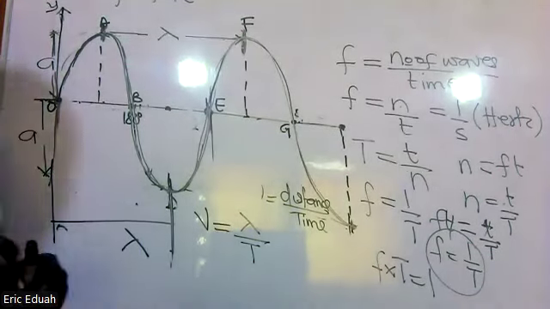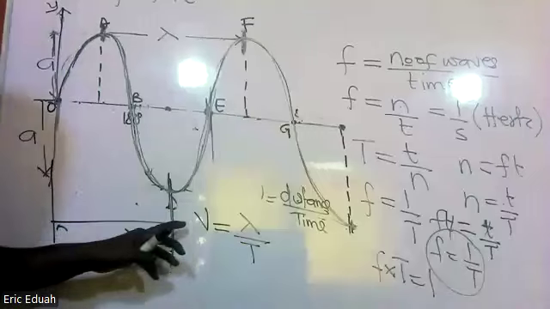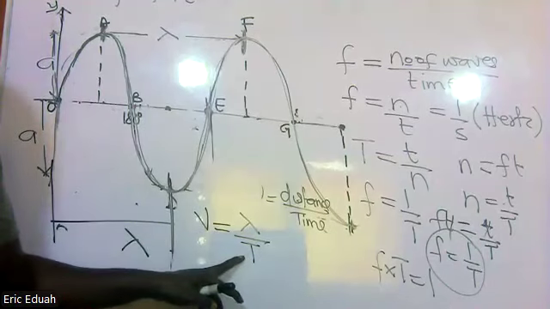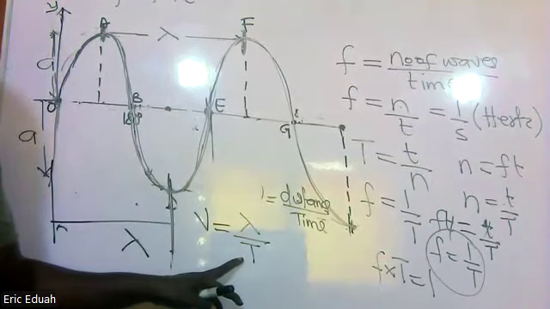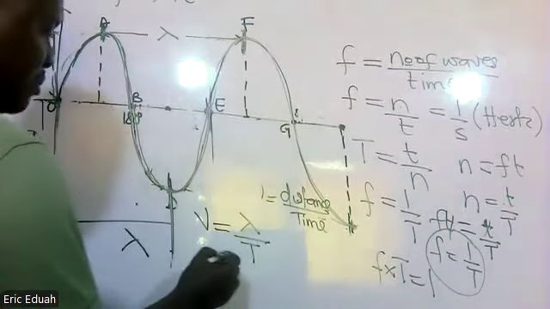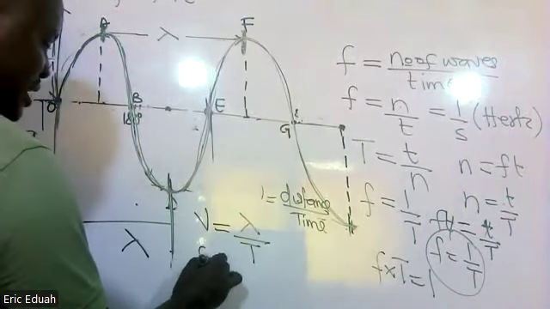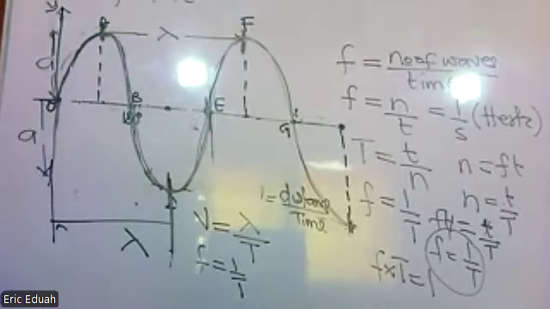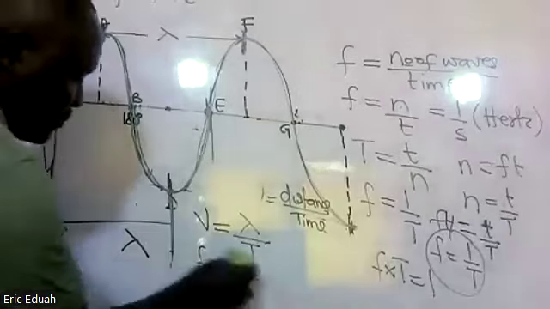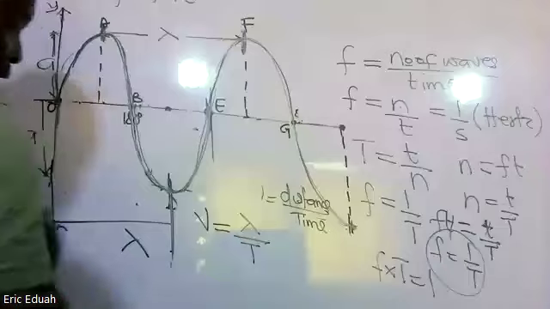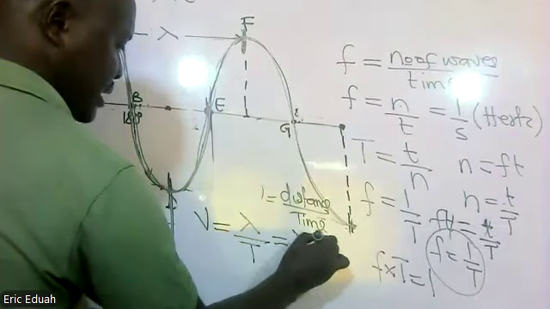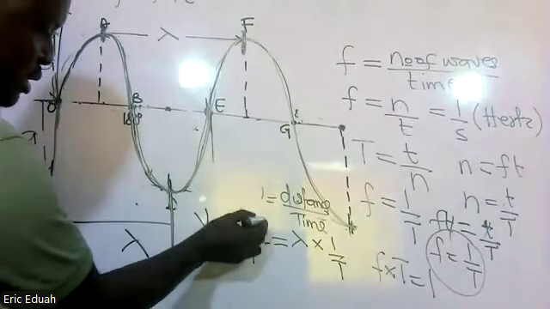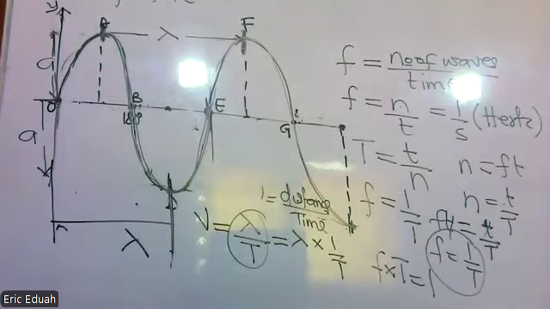So the speed of a wave is given by wavelength divided by period. Or because f is equal to 1 over T, v here would be equal to lambda times 1 over T. This is the same as what we have here.